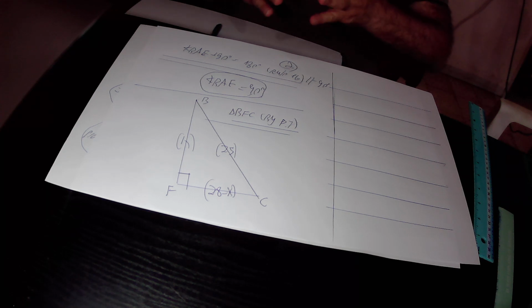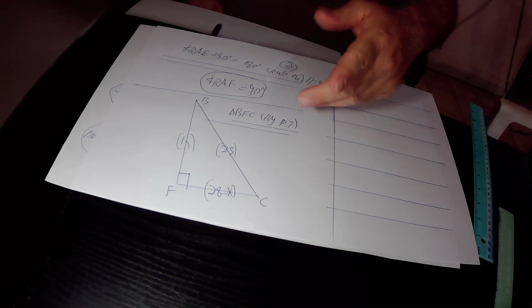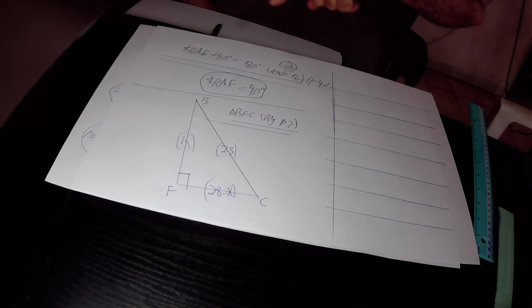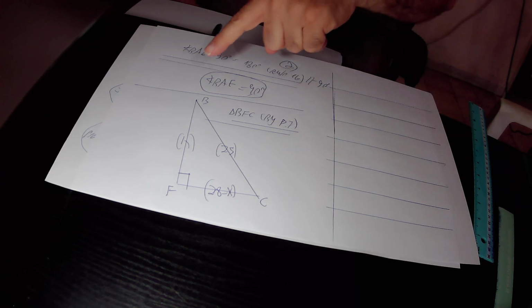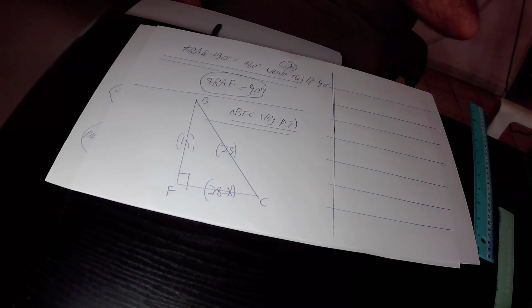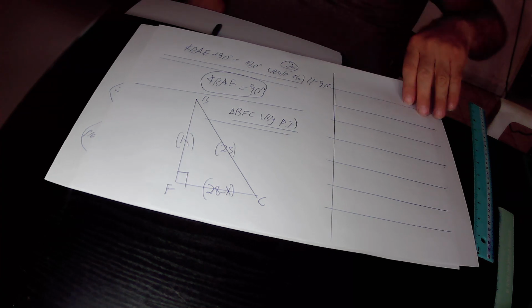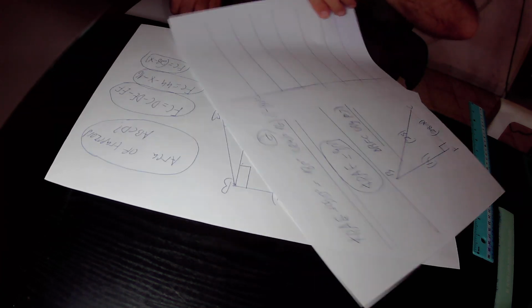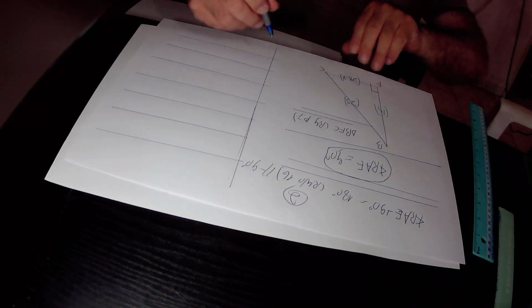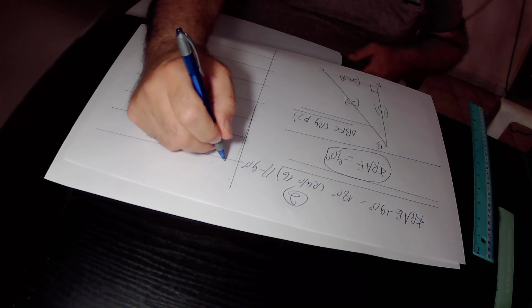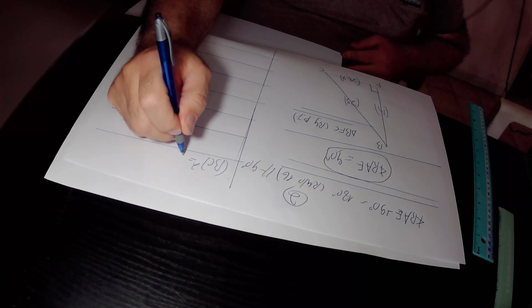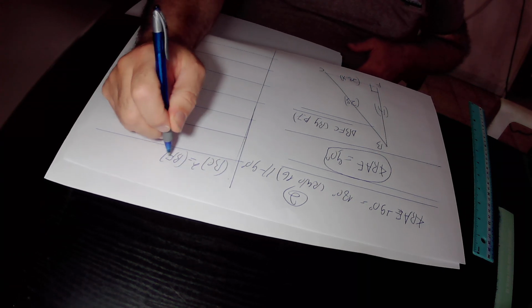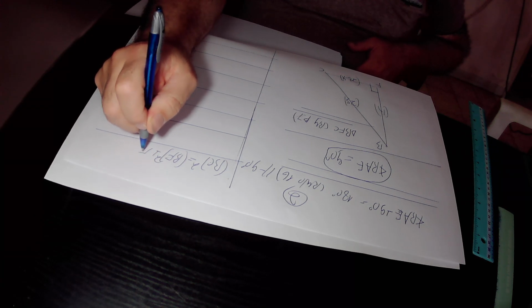According to the Pythagoras theorem, in this right triangle BFC, BC squared, that is the square of the hypotenuse, is equal to BF squared plus FC squared. So I write it down. BC squared, the square of the hypotenuse, is equal to BF squared plus FC squared.